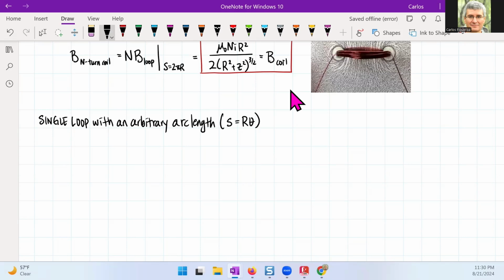We can then say that this is the magnetic field of a single loop, but typically I just write this as B loop. And when you write this out, it reads like this: mu naught I r divided into 4 pi (r squared + z squared) to the 3/2. And then I multiply this by, of course, the arc length.